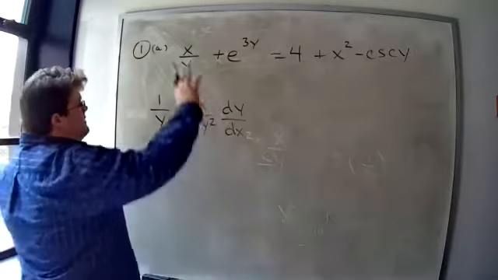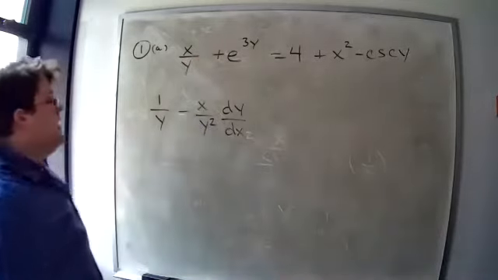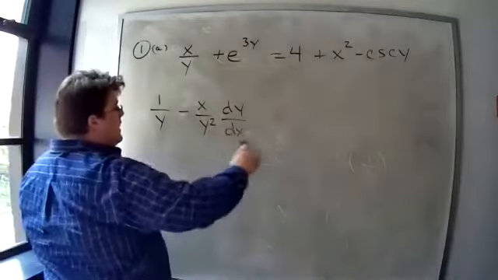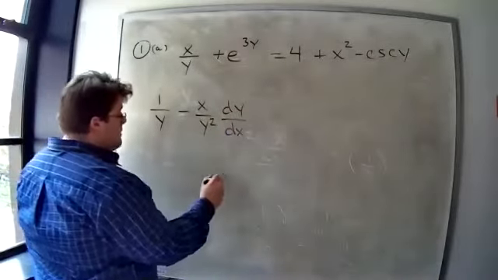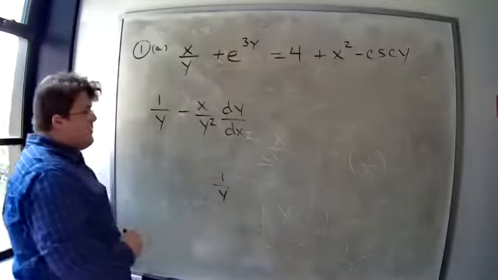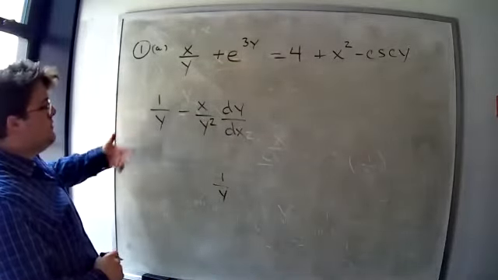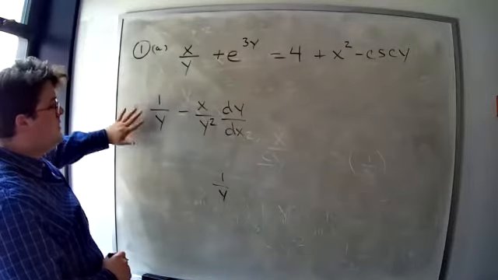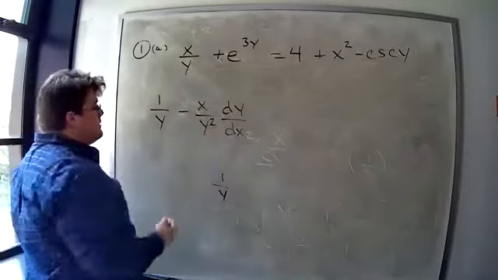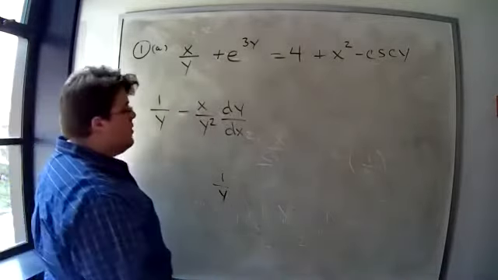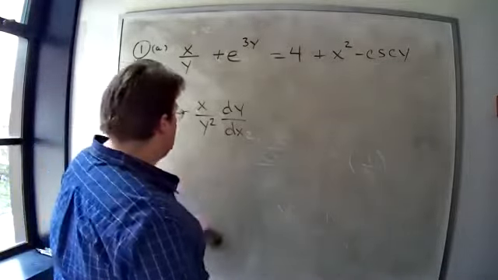Next, we have this e to the 3y. And notice in this first one, again, dy dx showed up only when we took the derivative of something with a y. In the first one, the derivative we took was just the derivative of x. That has no y's. So dy dx is going to show up by the chain rule every time we take the derivative of something with a y in it.